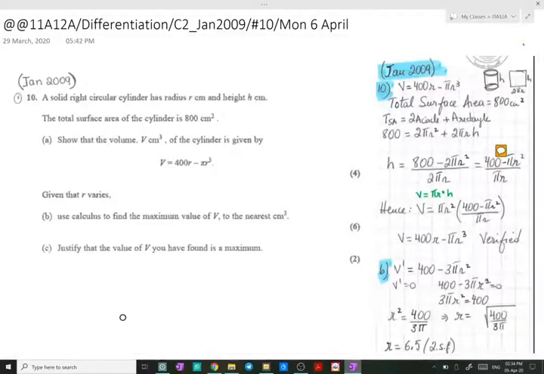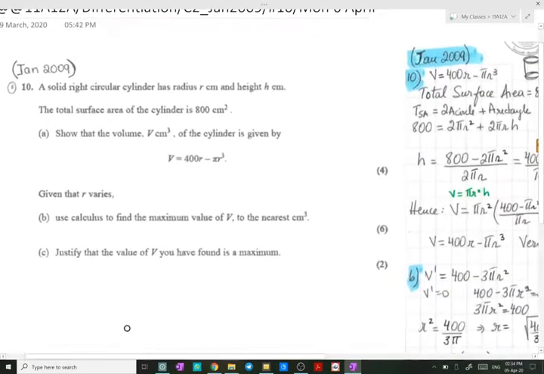Number 10, taken from the A-level past paper C2 January 2009. A solid right circular cylinder has radius r and height h.